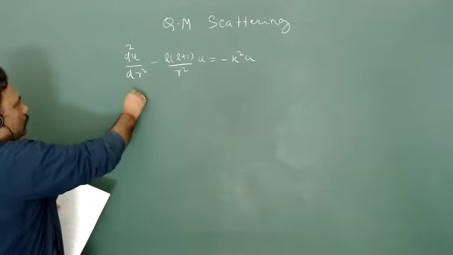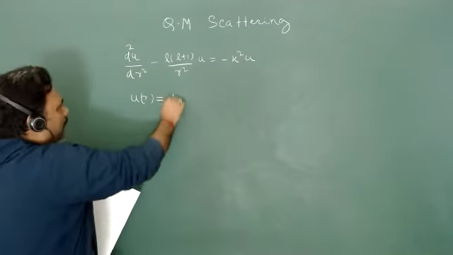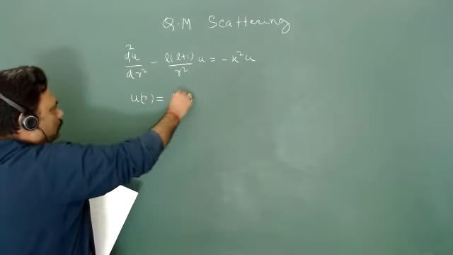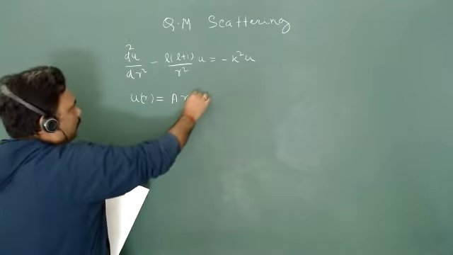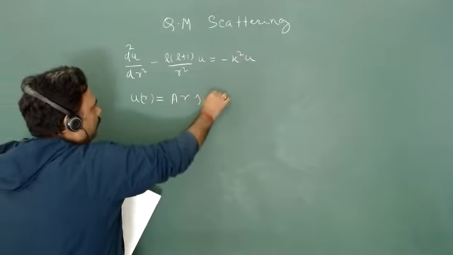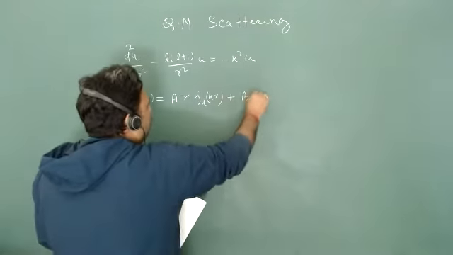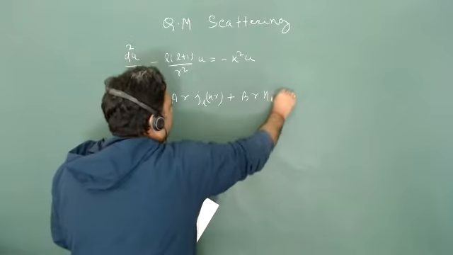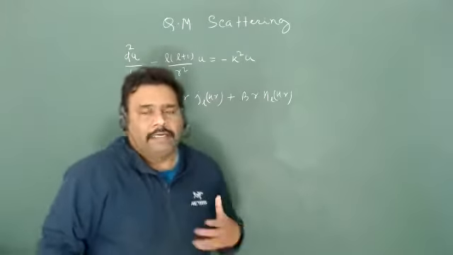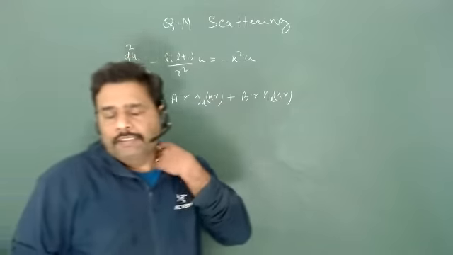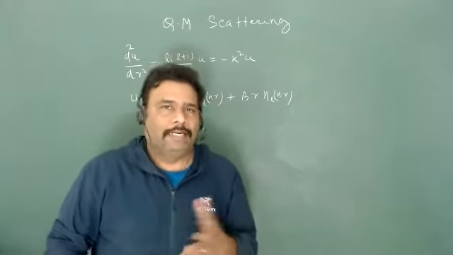The solution u(r) can be written as A_l j_l(kr) plus B_l n_l(kr), and these j_l and n_l are the spherical Bessel functions, which are somehow functions of sine and cos.